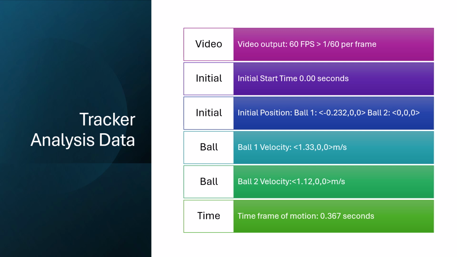The initial velocity of ball 1 was 1.33 meters per second, and ball 2 is the ball that got hit, and the velocity after getting hit is 1.12 meters per second. The time of the video was 0.367 seconds.